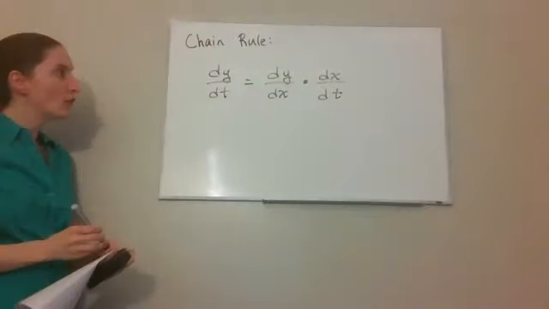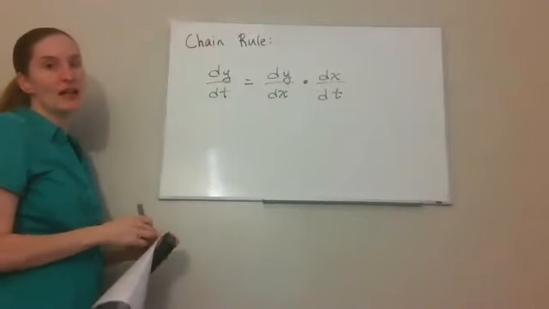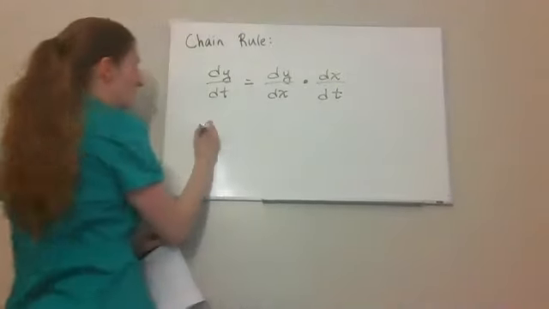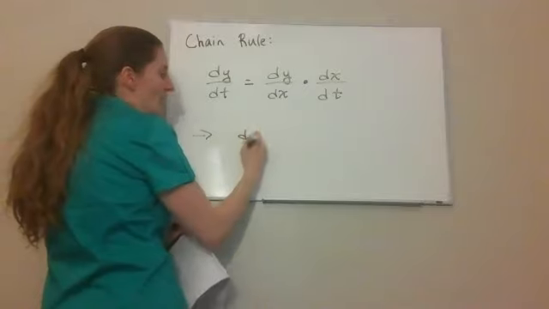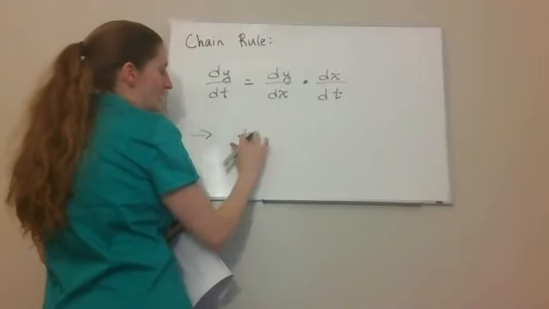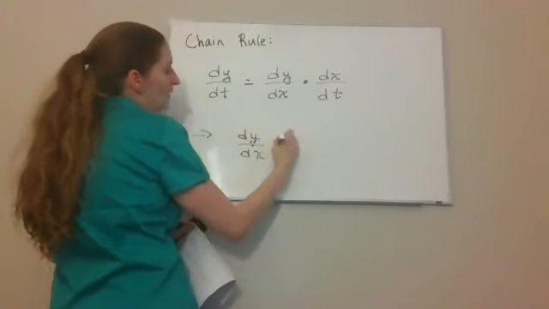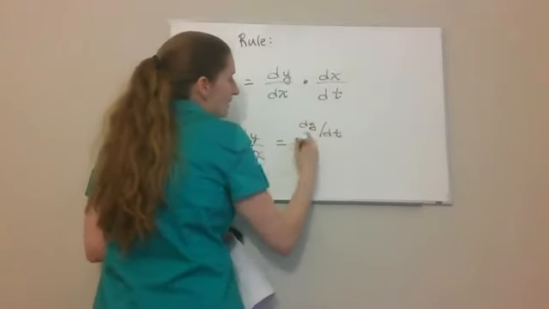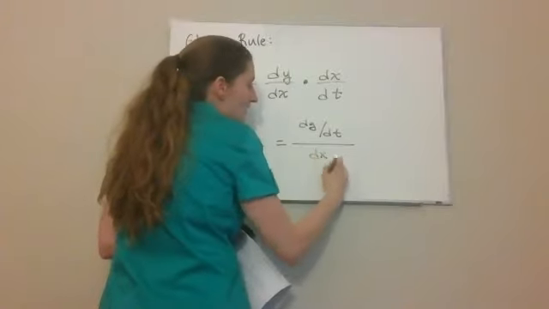And then I can solve this for dy dx, provided that my dx dt is not 0. So I get that my dy dx that I need for the slope of my tangent line is equal to dy dt over dx dt.